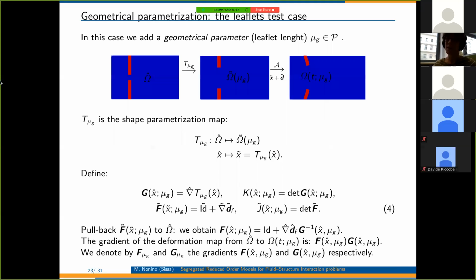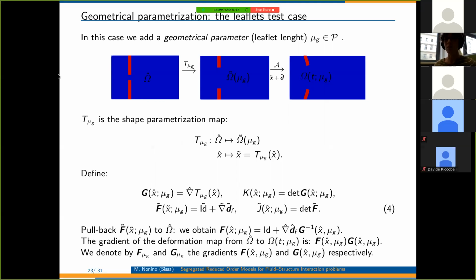Now, the second test case is always the test case of the leaflets, but now we decided to add a geometrical parameter, mu g, which represents the length of the leaflets. So as you can understand, the problem formulation becomes even more complicated because now we are dealing with three different configurations.